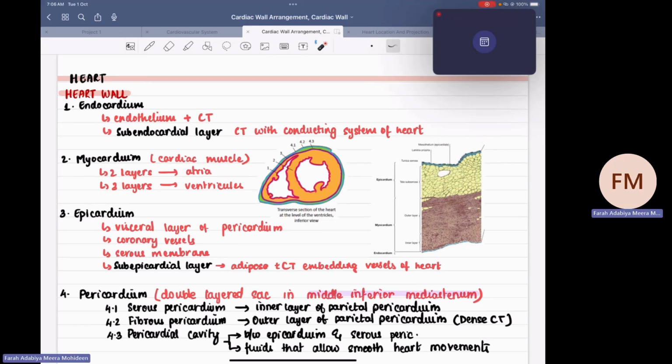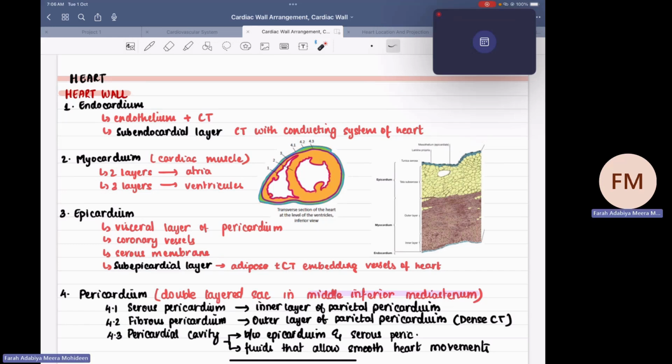Now, the next one is the epicardium. Epicardium is where you find your coronary vessels, the vessels that supply the heart itself. They are present in the epicardium. And the subepicardial layer has connective tissue.